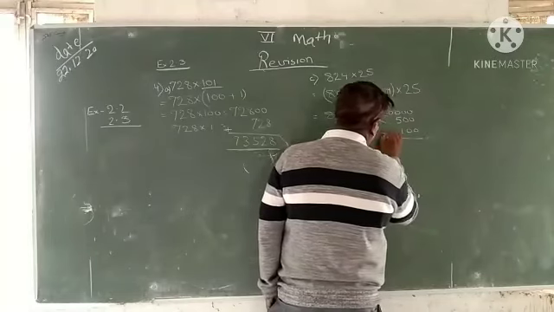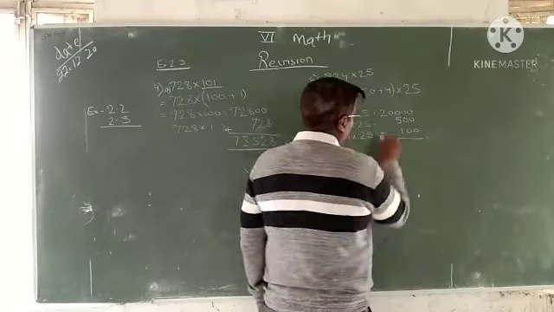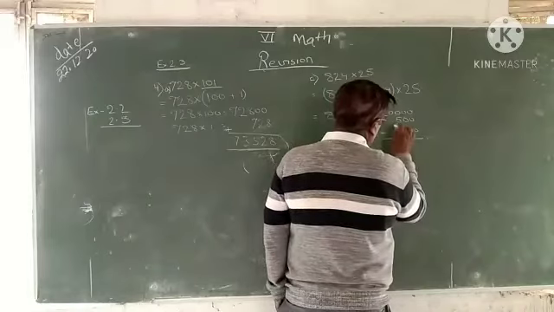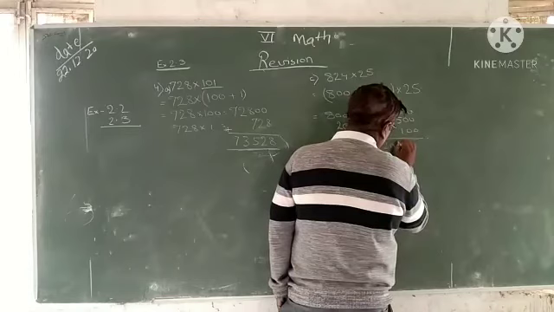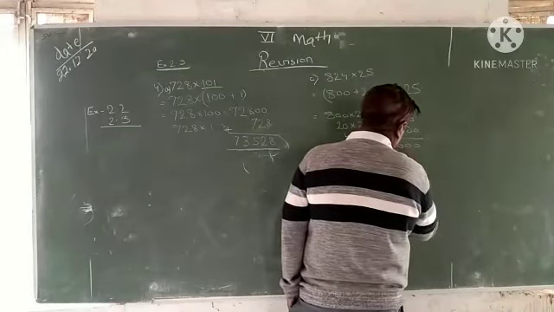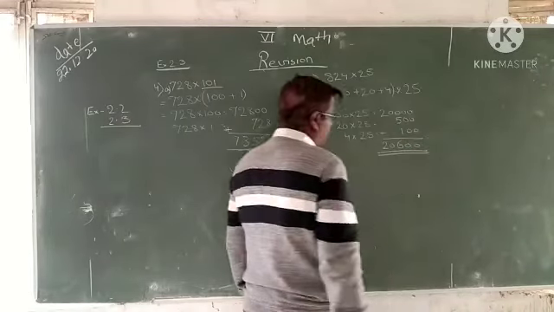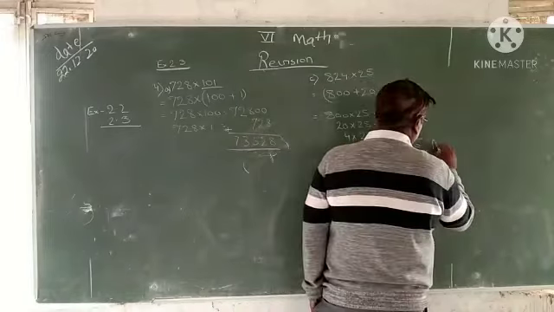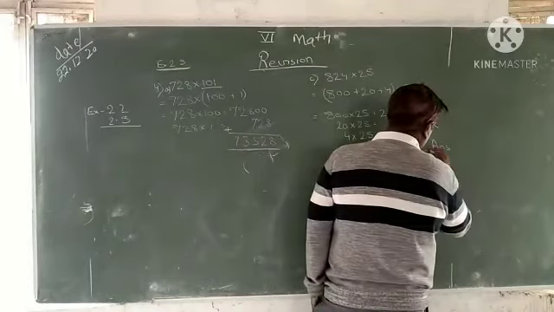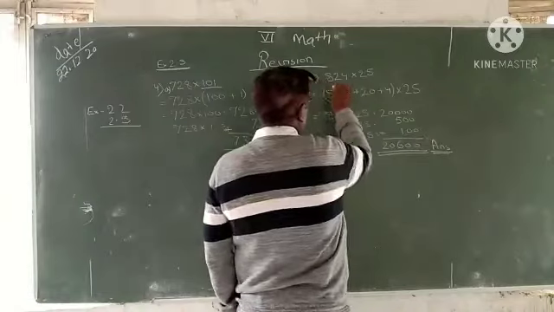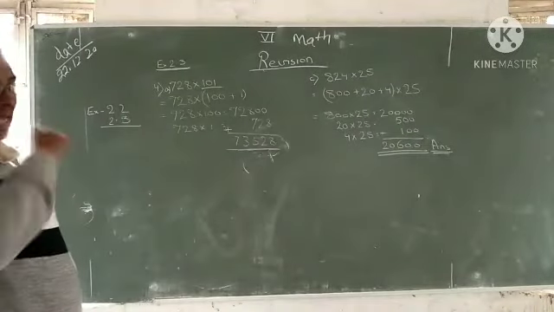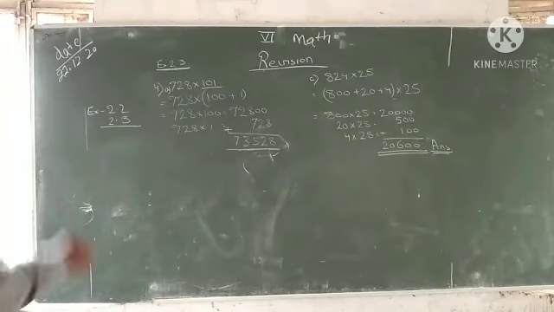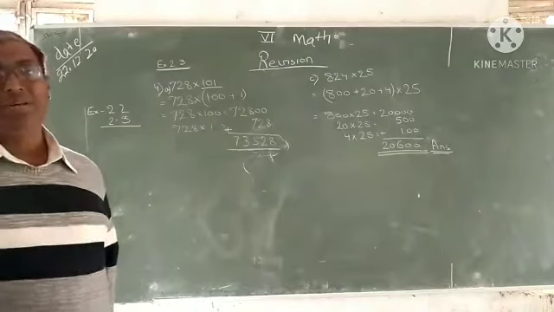So let's add this. It will come as 20,000 and 600 will be your answer. So people, we can break any of the numbers in this sum and make our life easier. I always advise you people to break such a number which is complicated.